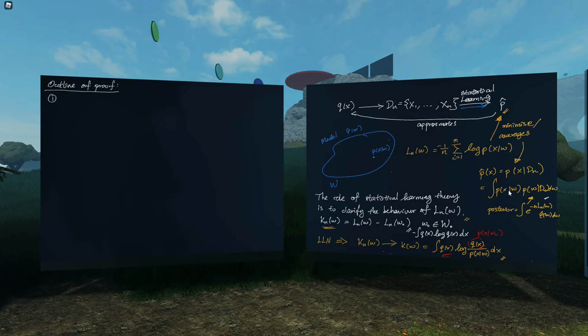So the outline of the proof is to first get the resolution of singularity for K, at the epsilon neighborhood of W naught, which we called W epsilon just now.